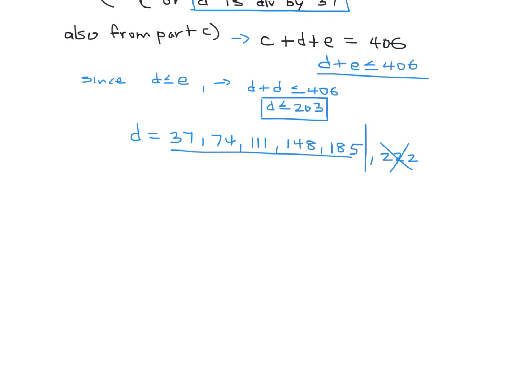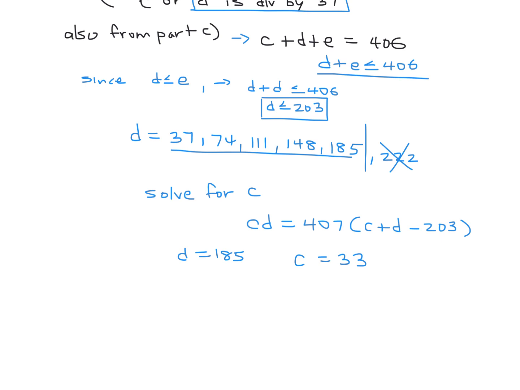All right. So we'll solve for C in that equation, CD is equal to 407 times C plus D minus 203. So let's first try D equals 185. And when we do, we solve and we get C equals 33.